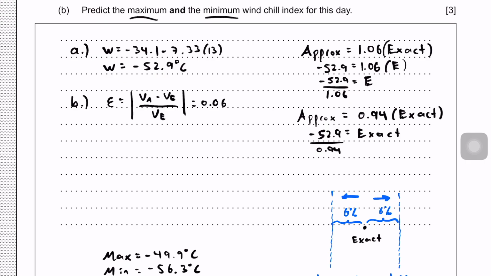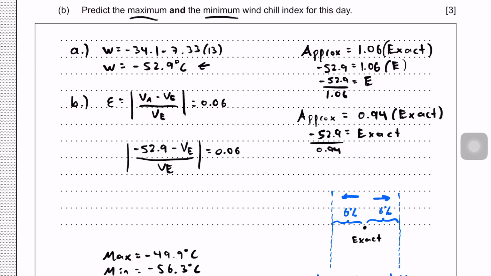Okay, and what do we know? Well, we know the approximate is negative 52.9, and then this is our exact, and this is 0.06. And although we have these absolute value signs, which say, hey, no negatives, we just want the absolute deviation from the exact, we actually have an equation here, once again, with just one variable.